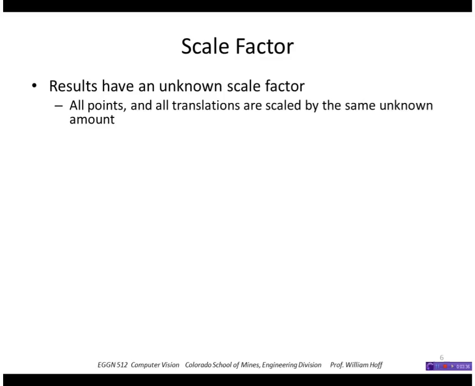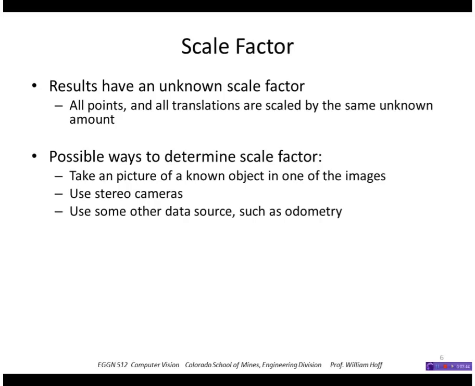As before, we have an unknown scale factor in the results. All points and all translations are scaled by the same unknown amount. Possible ways to determine the scale factor: one is to take a picture of a known object in one of the images where we know the 3D coordinates of the points. This constrains the scale in all the subsequent images.